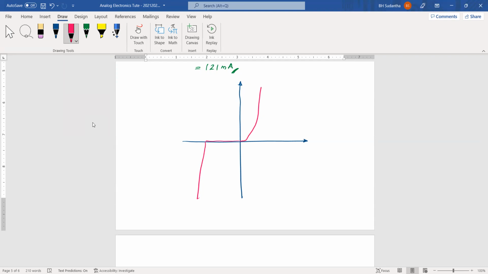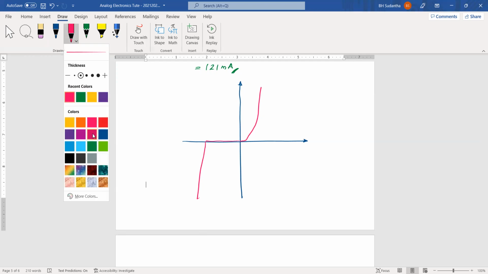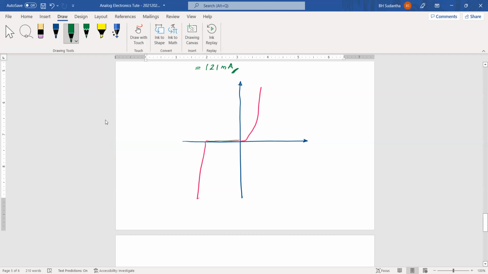But actually, if we draw like this, the actual one may be something like this. A small curvature is there.